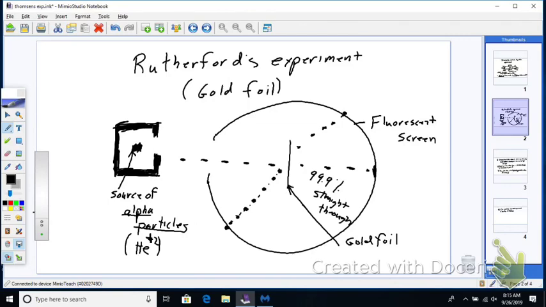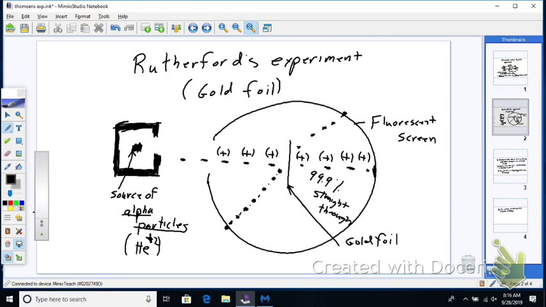Okay, so at the beginning, these are helium particles, and they're plus charged. These particles have a mass, and they're also positive. Most of them go straight through, like 99.99%, or just a huge amount.